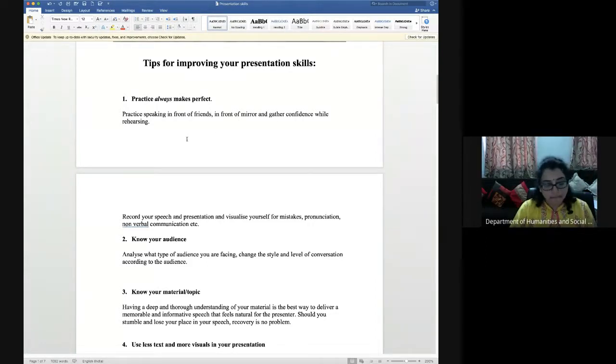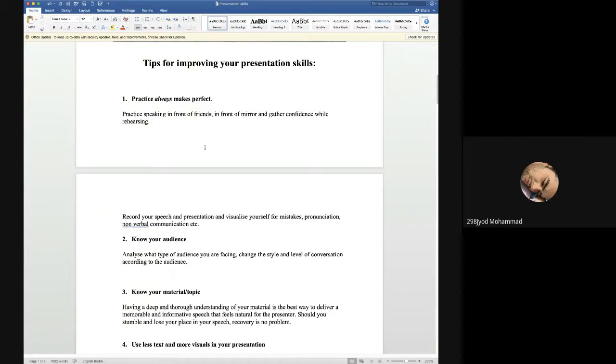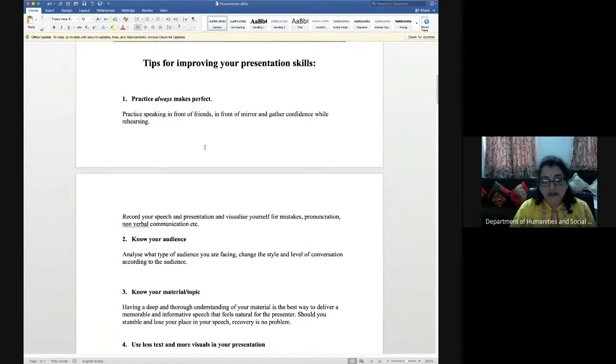Ma'am. Sir, ma'am, after grammatical sentences, what was it? Command over language, grammatical sentences should be correct. Command over language means your vocabulary should be good, your word power should be good. Accent and pronunciation should be correct.